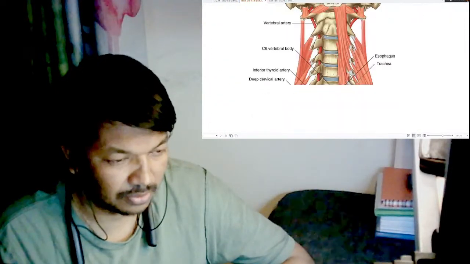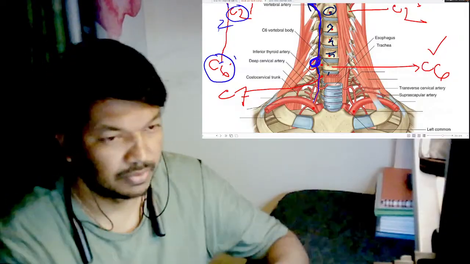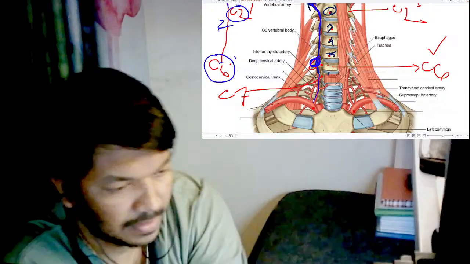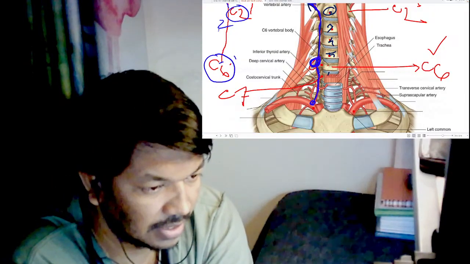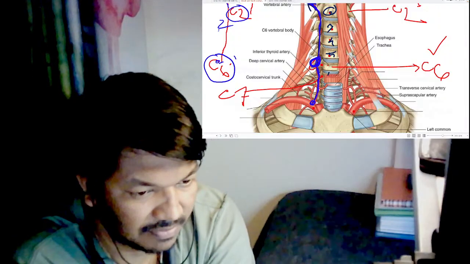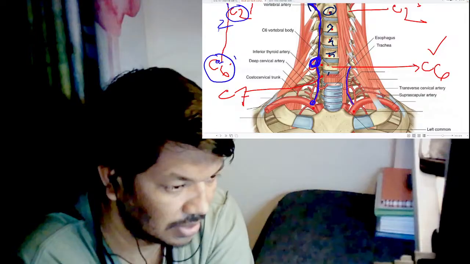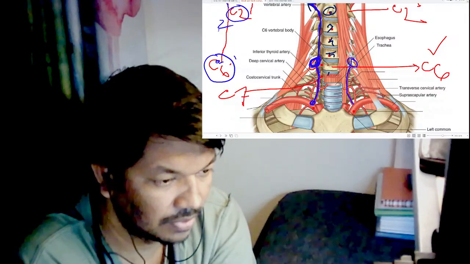Just have a look. First part, this is vertebral artery arising from where? Subclavian artery. From here it is arising, then it is ascending and entering into the transverse foramen of cervical 6 vertebra.